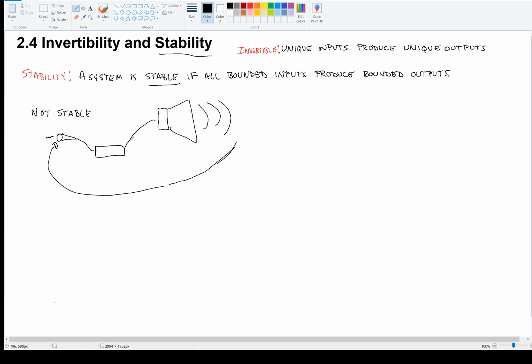It goes through the amplifier again, through the speakers, now it's even bigger. And it keeps going towards infinity, and this thing just blows up. Not literally, of course. There are electronics in place to keep it from blowing up. But the signal gets very loud until the electronics prohibit it from getting louder. So this sort of system, we would say, is an unstable system. It's not stable.